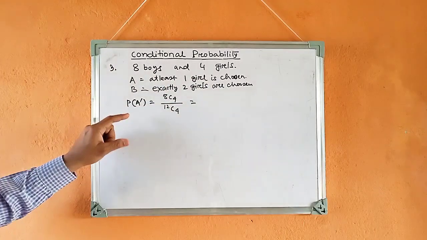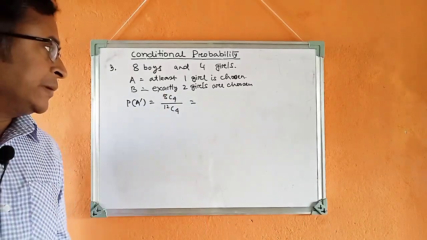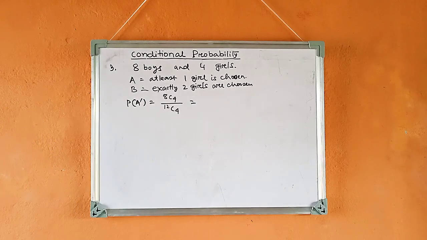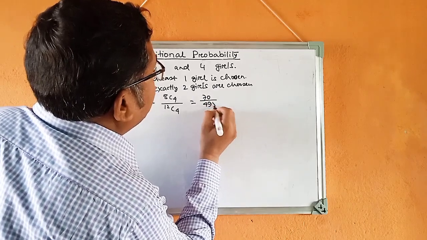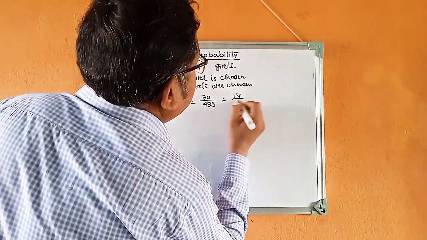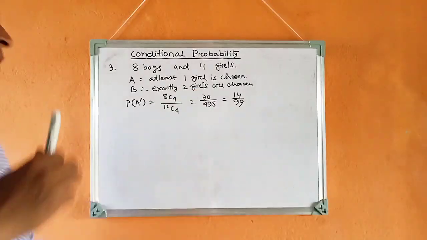That is the event A complement, no girl in the committee. After calculation we get 70 divided by 495, and after reduction 14 divided by 99.